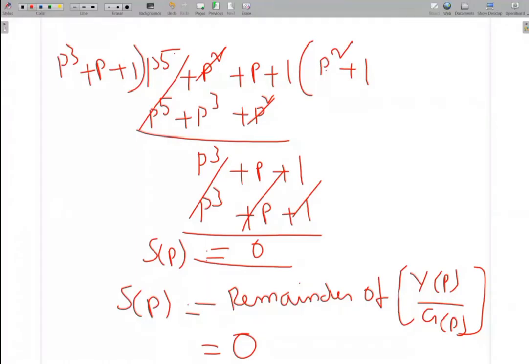Next step is Y of P is equal to P power 5 plus P square plus P plus 1. Generally, X of P is equal to Y of P.